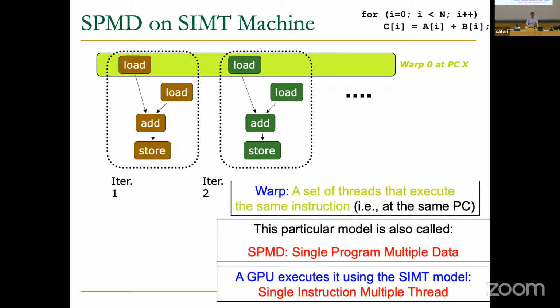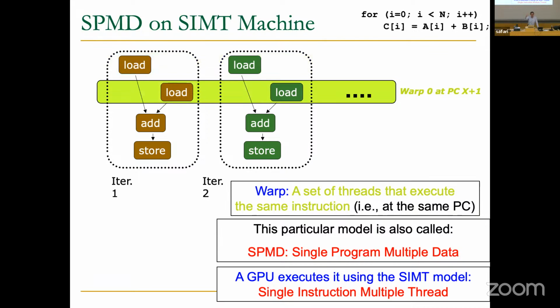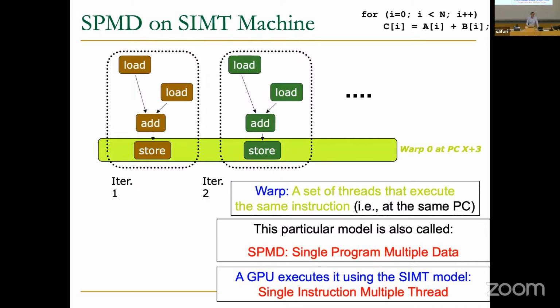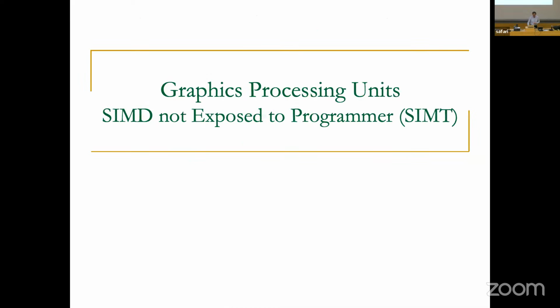And this is warp 0 that goes to the next instruction, PC X plus 1. This is warp 0 that goes to the next instruction, PC X plus 2, and warp 0, PC X plus 3, okay? So basically, you can treat these different threads that are executing the same operation as a set of warps. We're going to see how that is executed soon.